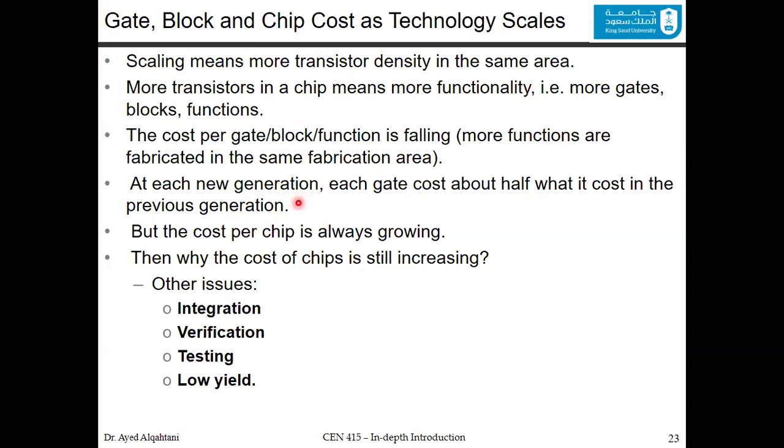There are many factors related to this, but from our cost point of view, this growth in the chip cost is because of the integration troubles, the verification troubles, the testing, and the low yield.